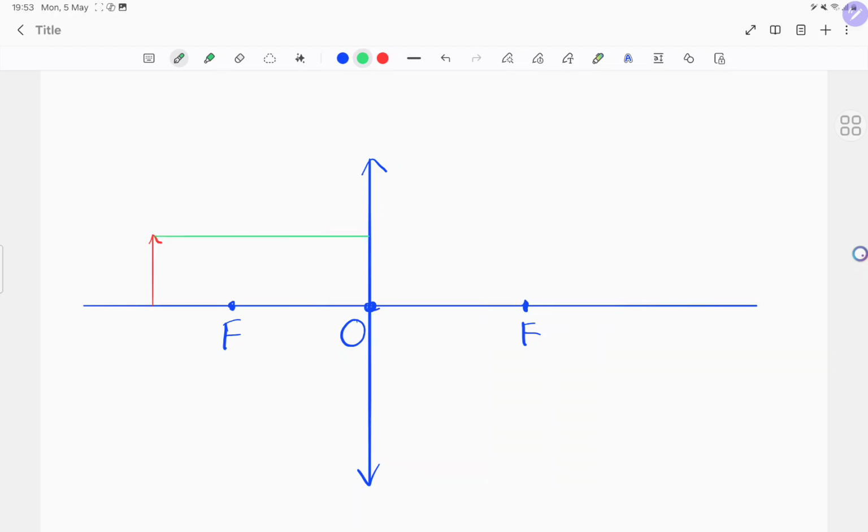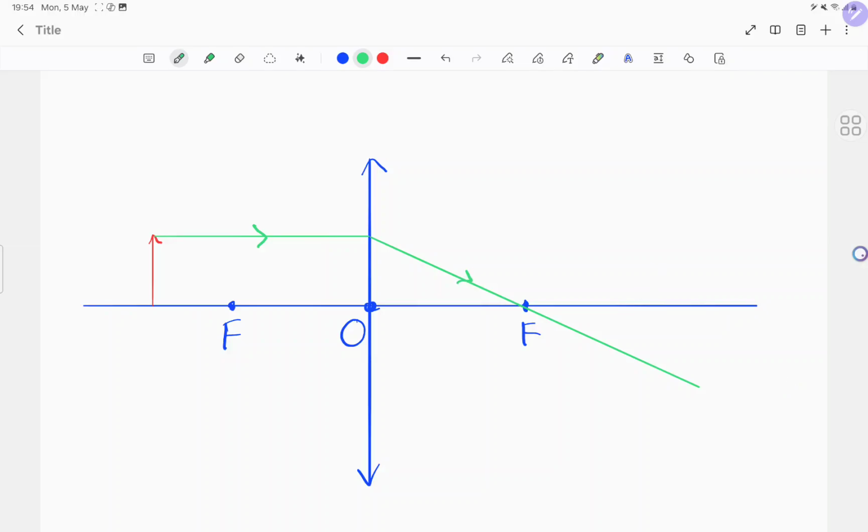If the ray is parallel to the axis, then it will be bent so it can pass through the focus on the other side.